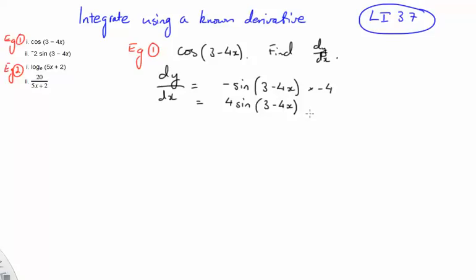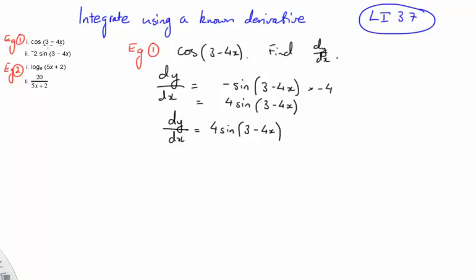So given that you know this fact, that dy/dx equals 4 sin(3 - 4x), find the integral of this.